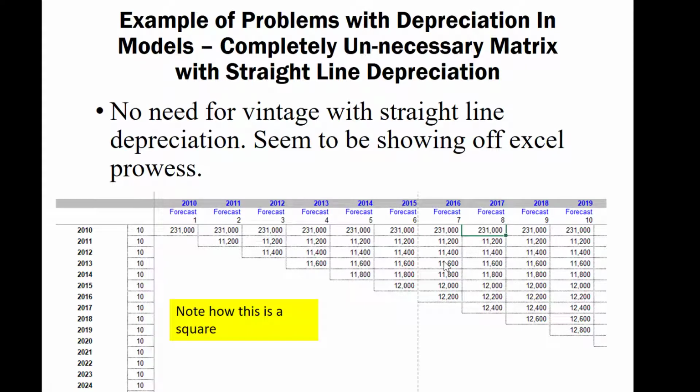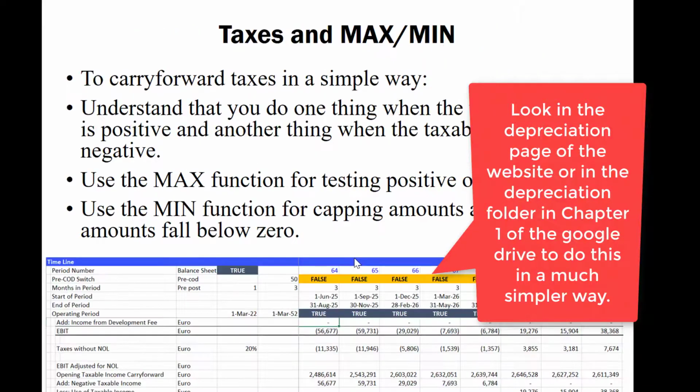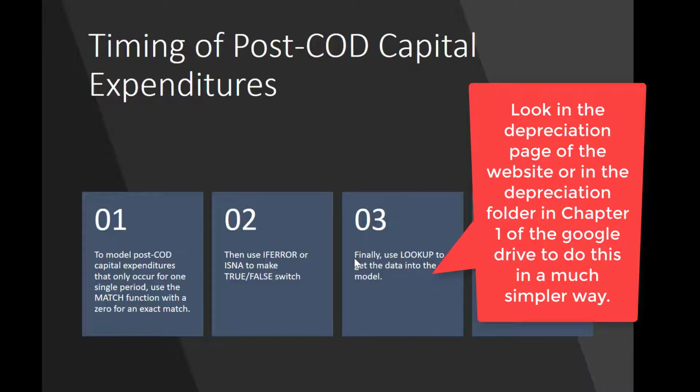All you're trying to do is show your prowess in Excel. And if you want to retire the assets, you just put a minimum function in there, especially if there's one asset that's being constructed over time. Otherwise, you could use an offset function that I've done too much. Now, there is a problem, though. Here is the problem.